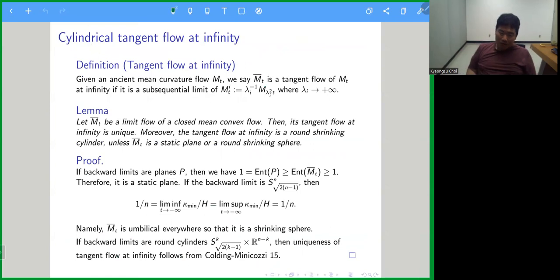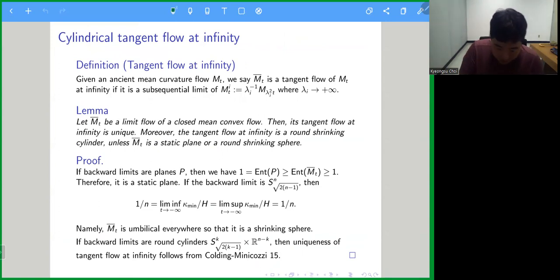Okay, so now we only need to consider the cases where the tangent flow at infinity is a multiplicity one plane, cylinder, or sphere. Now we can deal with the plane and the sphere cases easily.